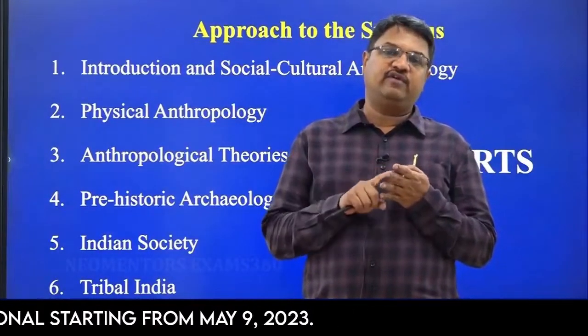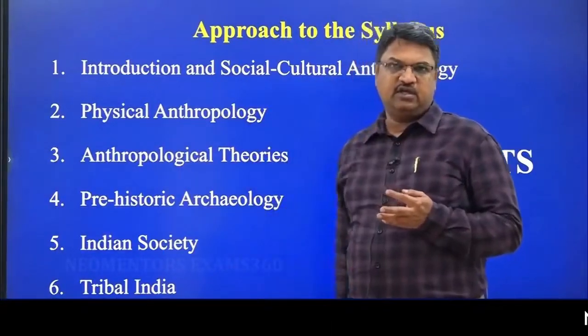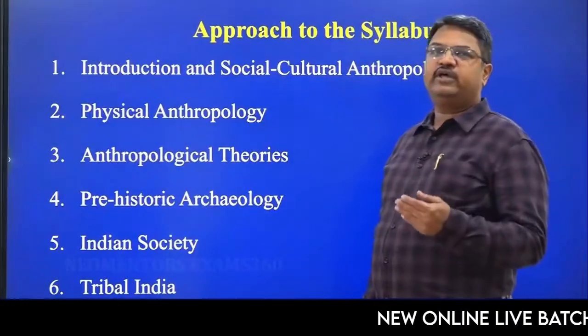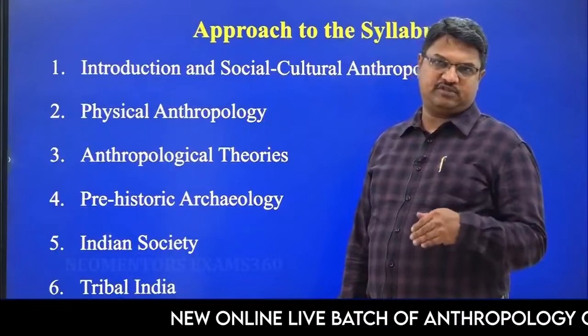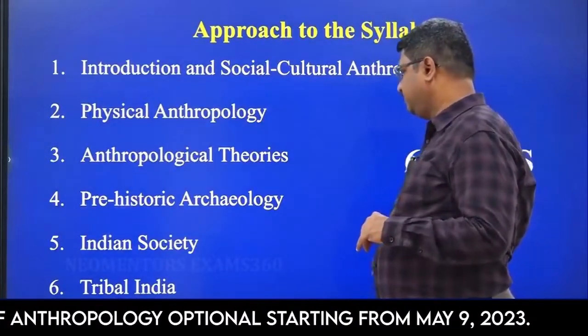So here I have added linguistic anthropology in the social cultural part. One by one we will see how each and every part is expressed in the syllabus, which chapter in the syllabus. Now we will go forward.